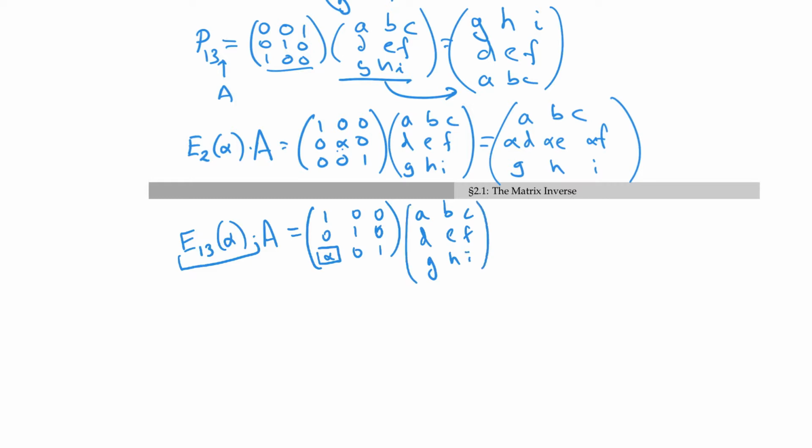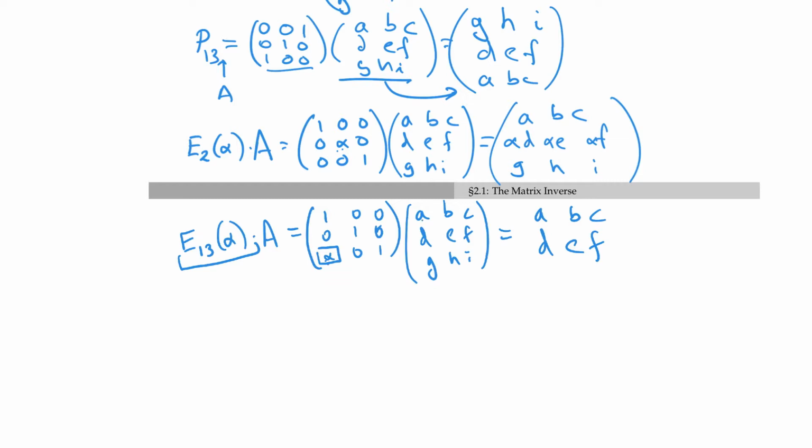All right, let's see this happen. First row and second rows sweep through and nothing happens because it's just the identity. Now it's this last one that actually does something.